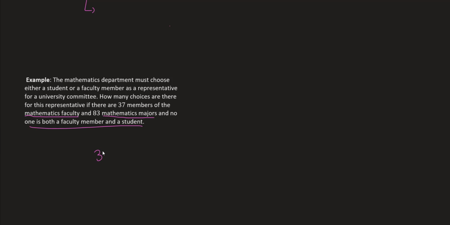So there will be 37 plus 83, which is equal to 120. These are the number of possible ways to choose a representative.